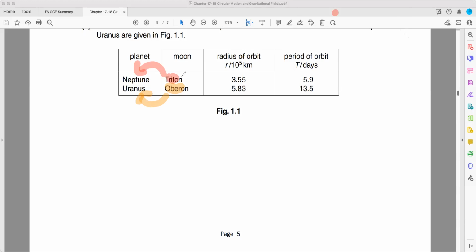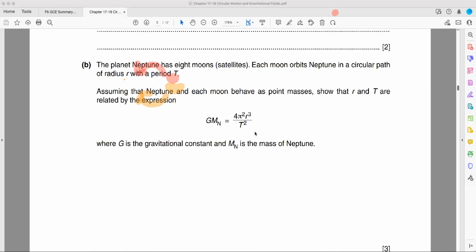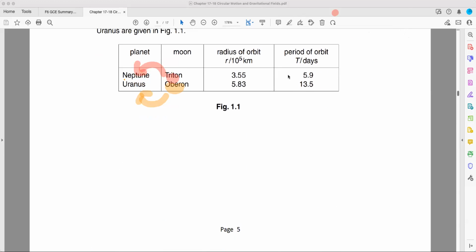Now you need to use that formula twice. This formula. Because they are not orbiting around the same object, these 2 moons are orbiting around 2 different planets.